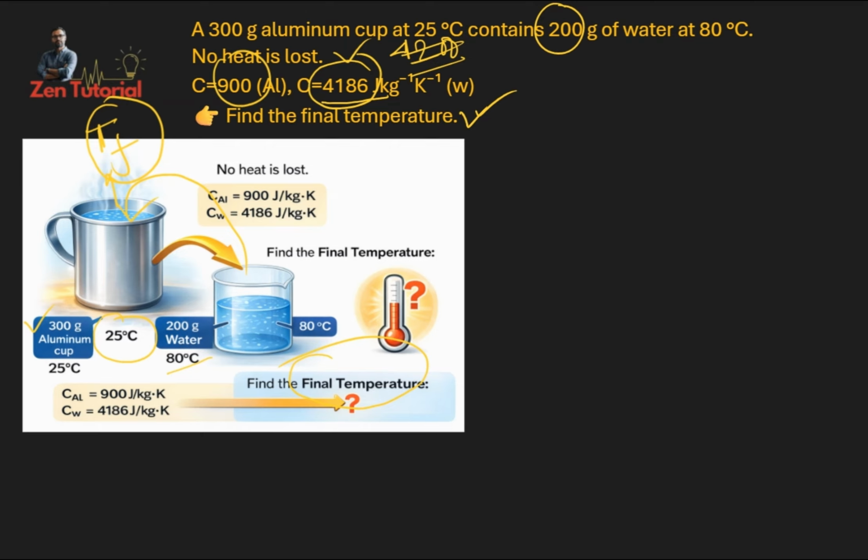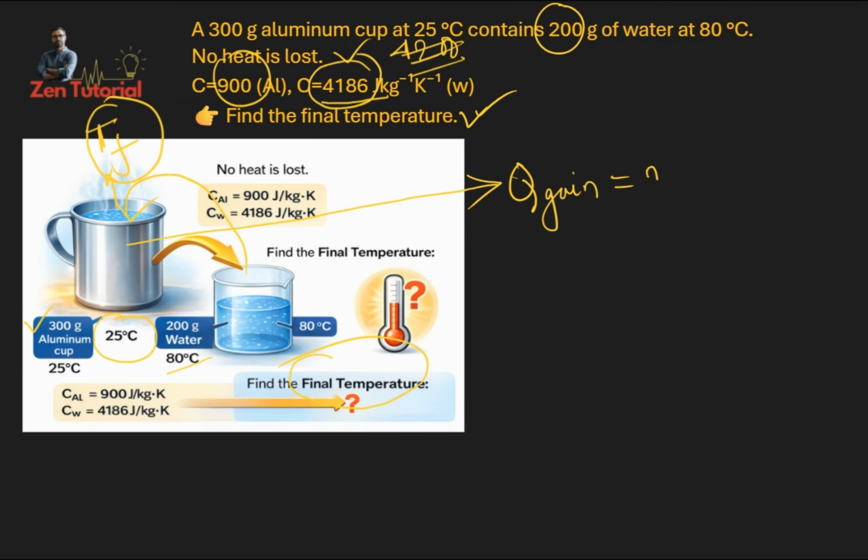Within this interaction between the water and the aluminium container, there will be two incidents. By the aluminium container, heat is gained, because the hot water of 80 degrees Celsius, when poured into the container, transfers heat to the aluminum container.